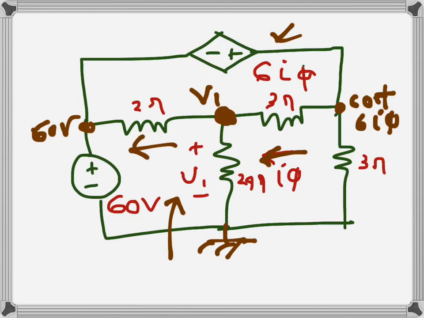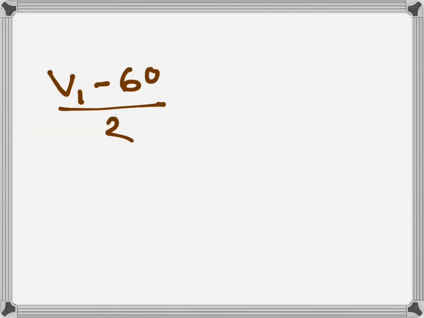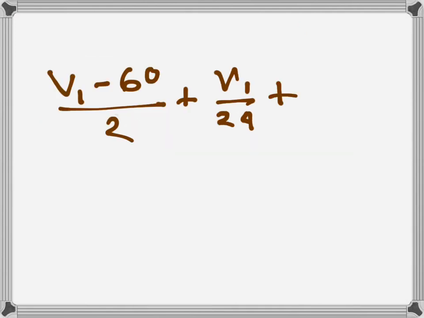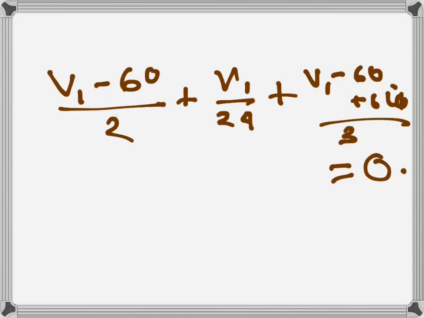So this is this current. Then the downwards current will be plus V1 over 24, and then plus the current towards the right, which is negative I5, but I will write in terms of V1, so that will be V1 minus 60 plus 6I5 divided by this resistance, which is 3 ohms. So sum of this will be 0.